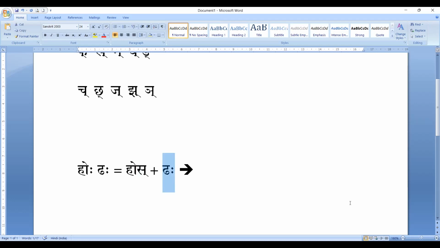So if not a khar letter, then this is a padanta sakara, that is, repha is there. Repha will become visarga at the end of the padam or when followed by a khar letter, right?